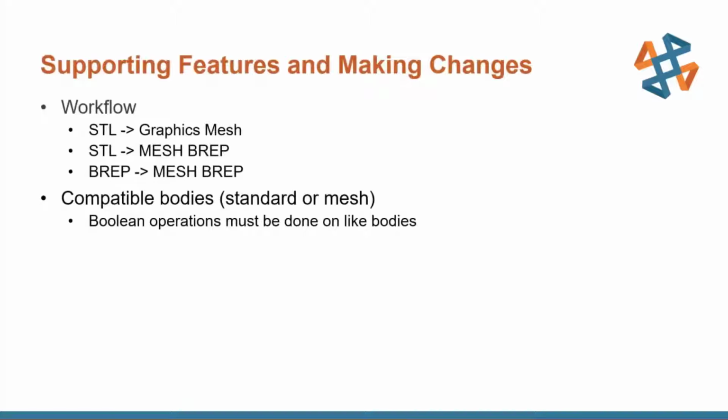So if you have maybe another solid body or another surface that you've created in SOLIDWORKS with regular features, that body would have to be converted to a mesh body if you're working with STLs or other types of mesh formats. So compatible bodies must be converted to be able to use things like Boolean operations, like maybe combine or subtract.